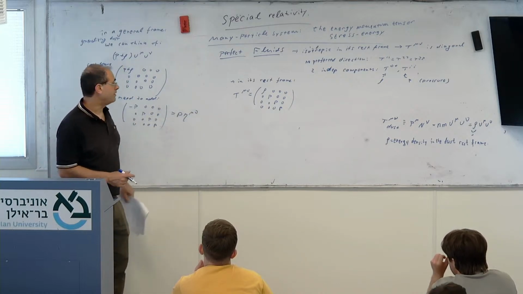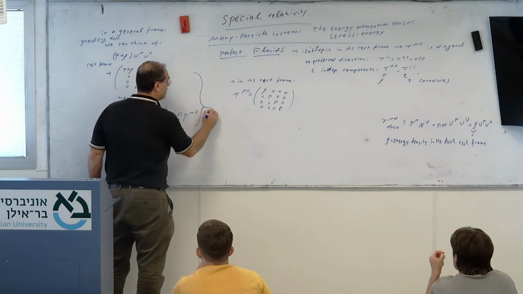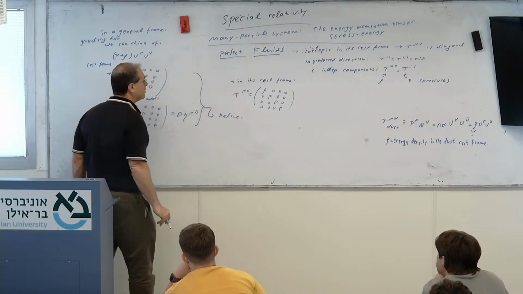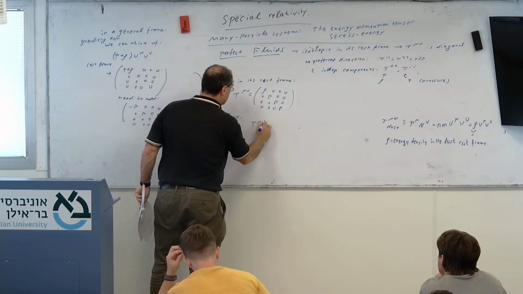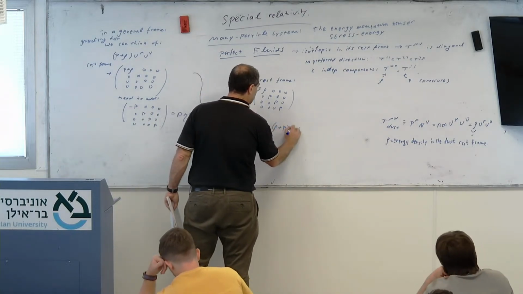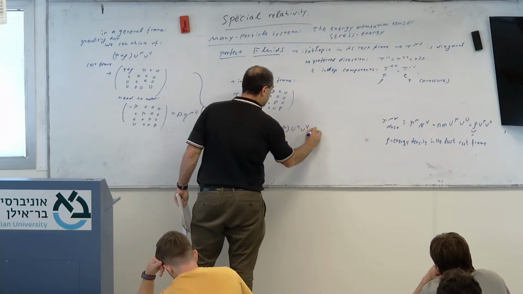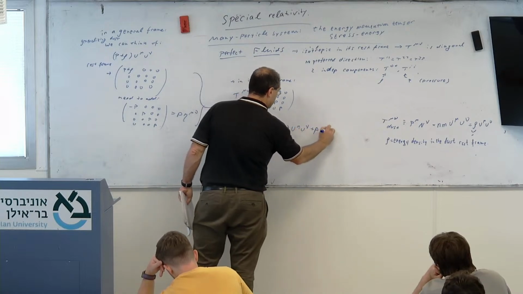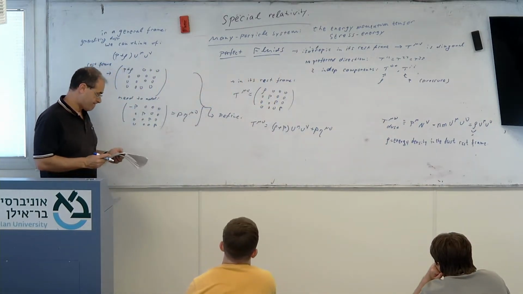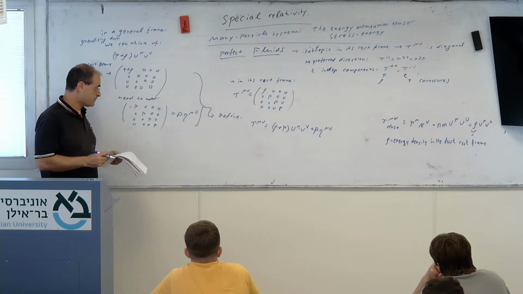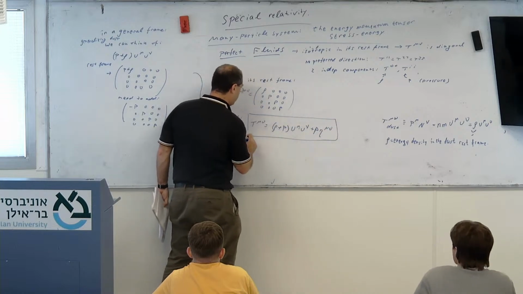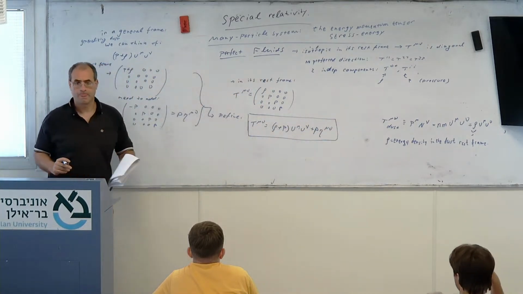So overall, that gives me to define T mu nu as rho plus P u mu u nu plus P eta mu nu. We're going to make a lot of use of that tensor in the course.